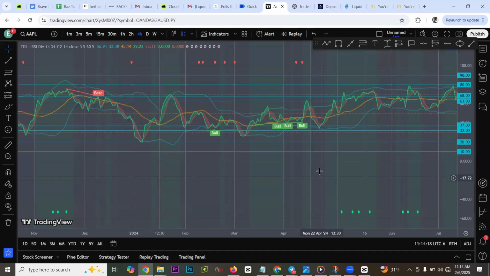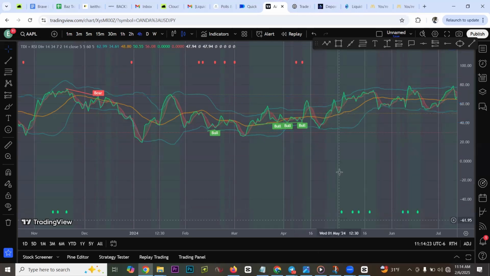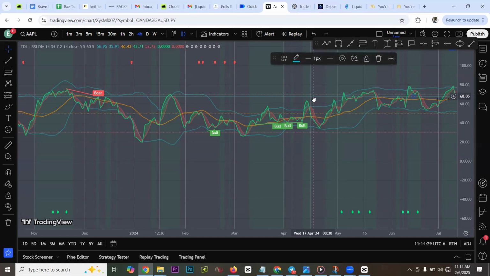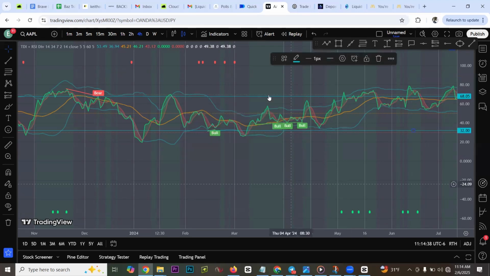So I'm going to take all these lines off. And how you identify a reversal, you want to see price break above the 68 area or the 32.